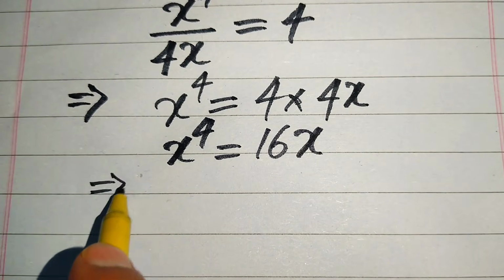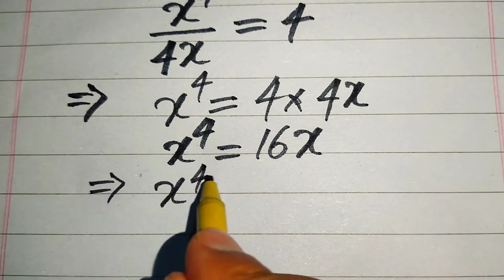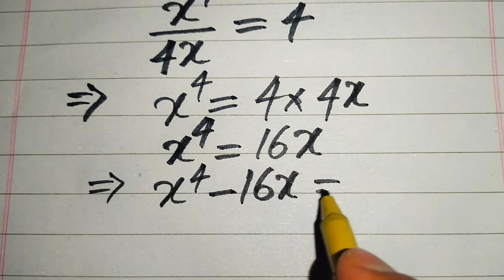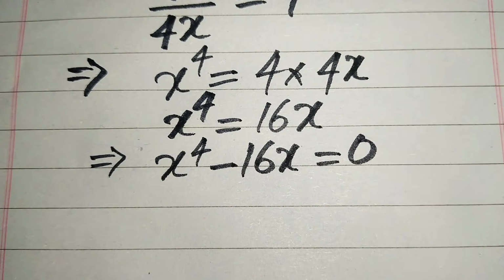Now we move the term from the right hand side to the left hand side, and we get x to the power of 4 minus 16x, and this whole equation is equal to 0.